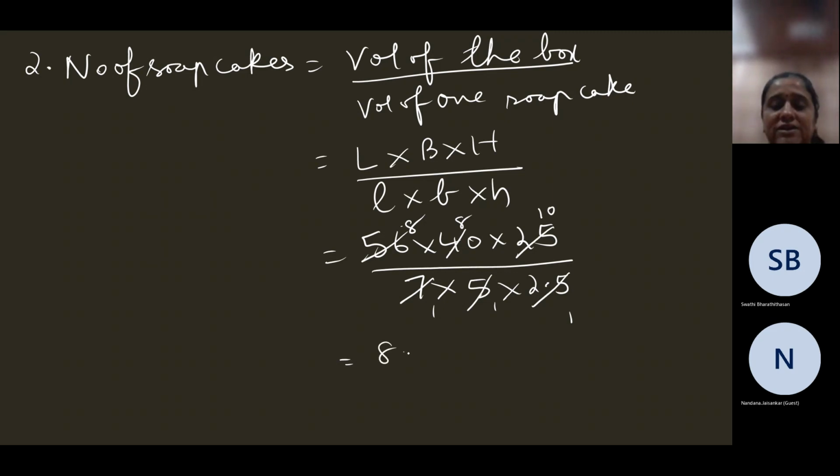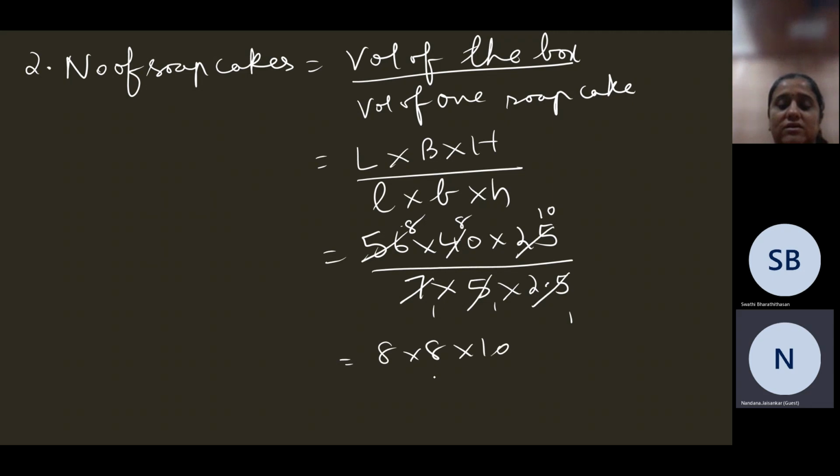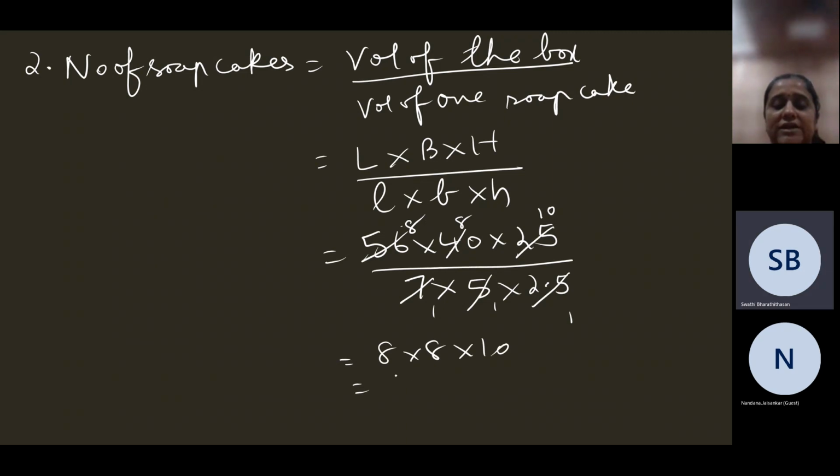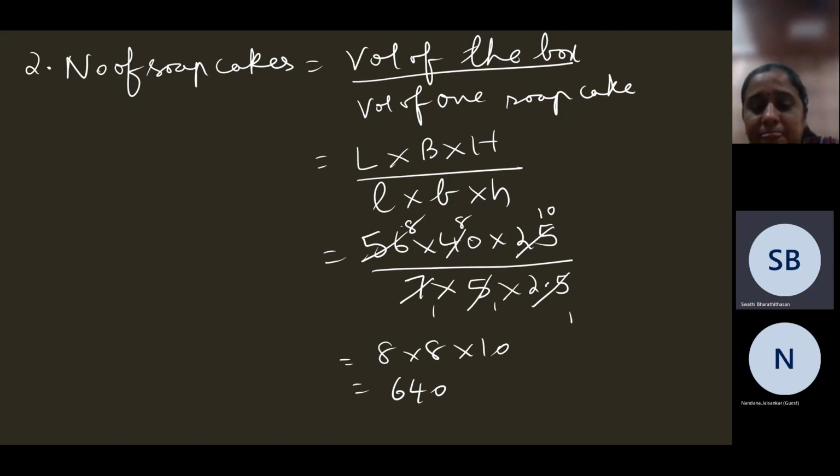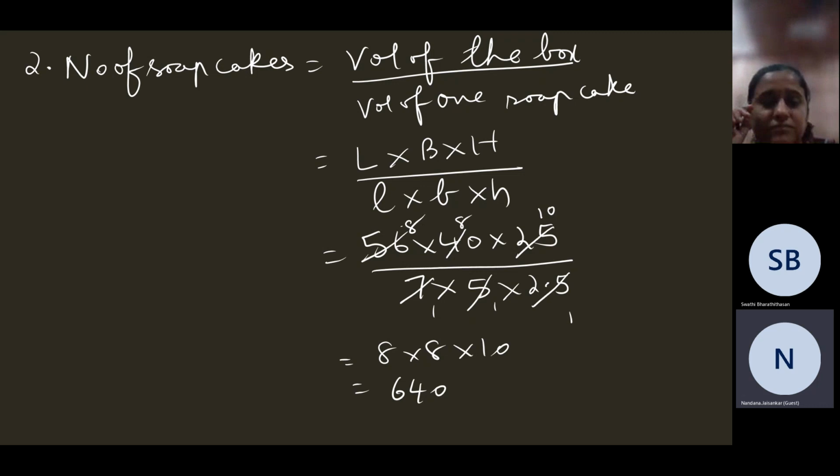So it will be 8 into 8 into 10. That is 8 eights are 64, so 640. Yes, ma'am, you can place 640 soap cakes in the box.